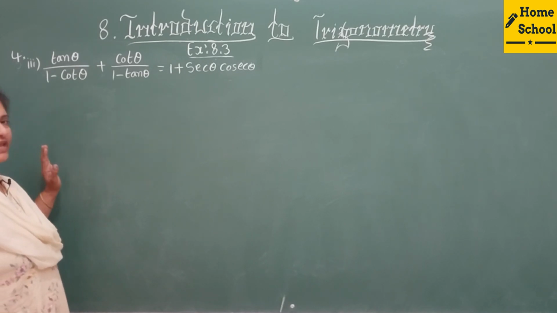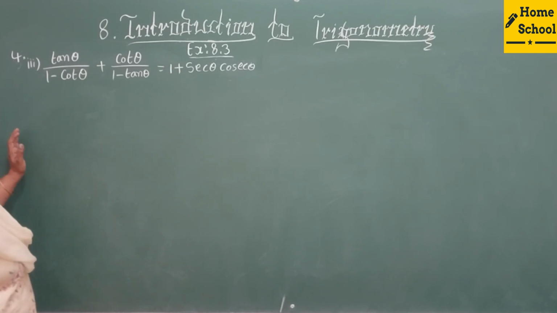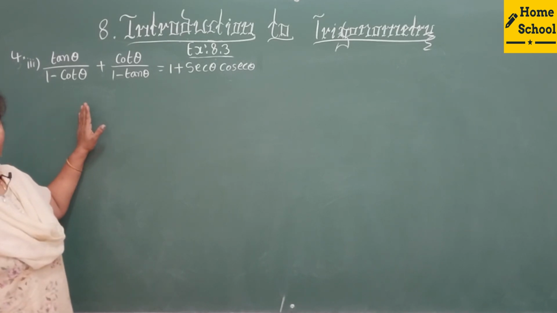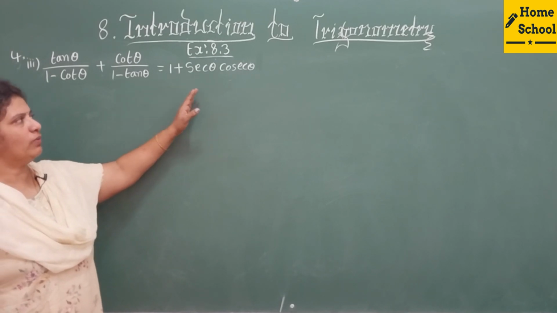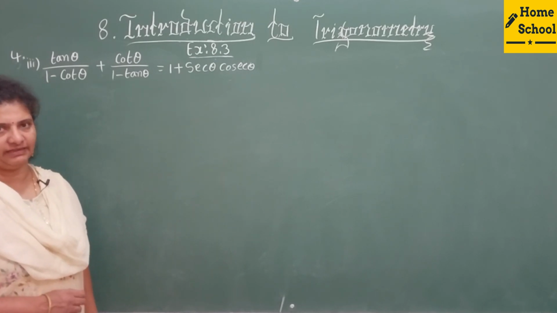Third problem. This is a very important problem. Tan theta by 1 minus cot theta plus cot theta by 1 minus tan theta is equal to 1 plus secant theta cosecant theta.